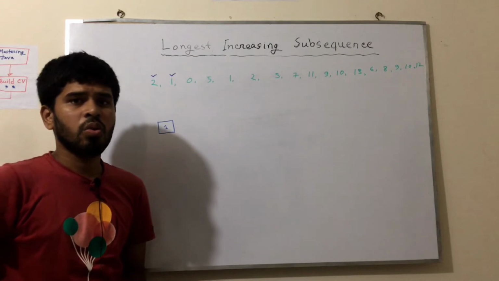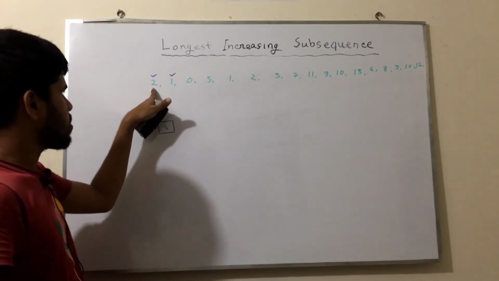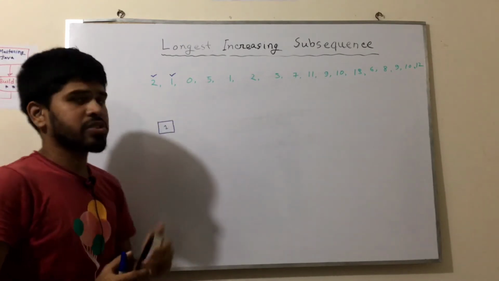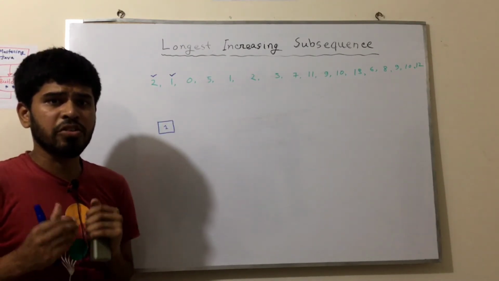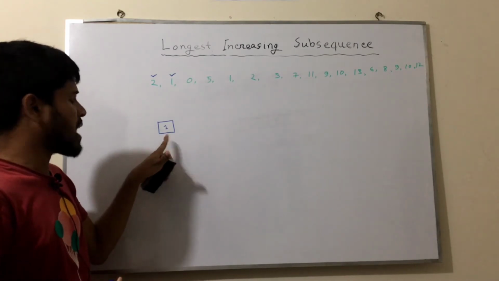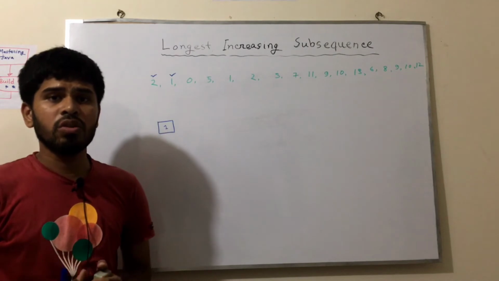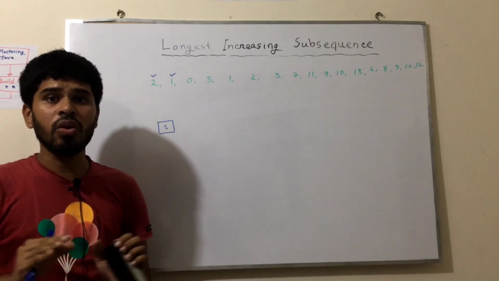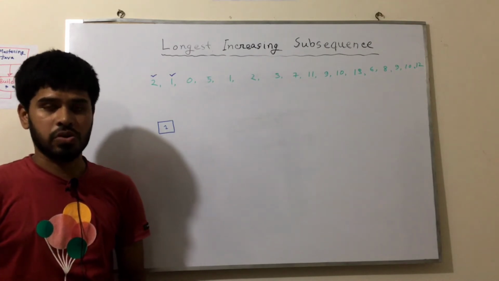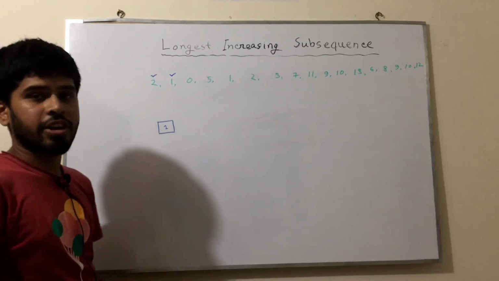Let's think we have a value on the right which is greater than 2. If the value is greater than 2, that value also will be greater than 1, so we can update this value 2 with 1. Here our goal is to find the length of the longest increasing subsequence, not the longest increasing subsequence itself. So we are using this kind of technique.